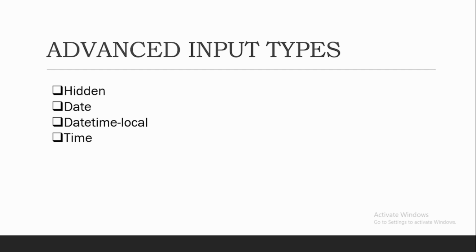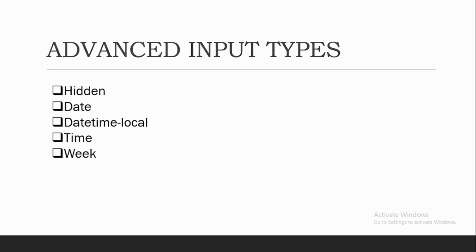It doesn't take into consideration the time zone. We have the week input type, which is used to define a control for entering a date consisting of a week number and a year with no time zone.